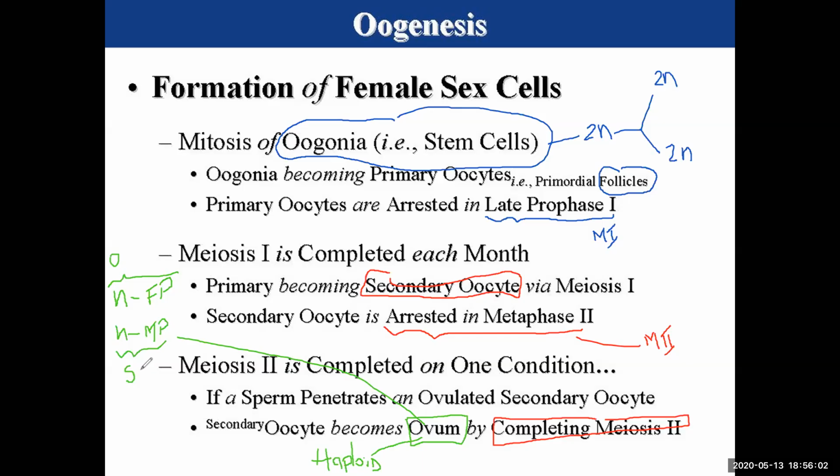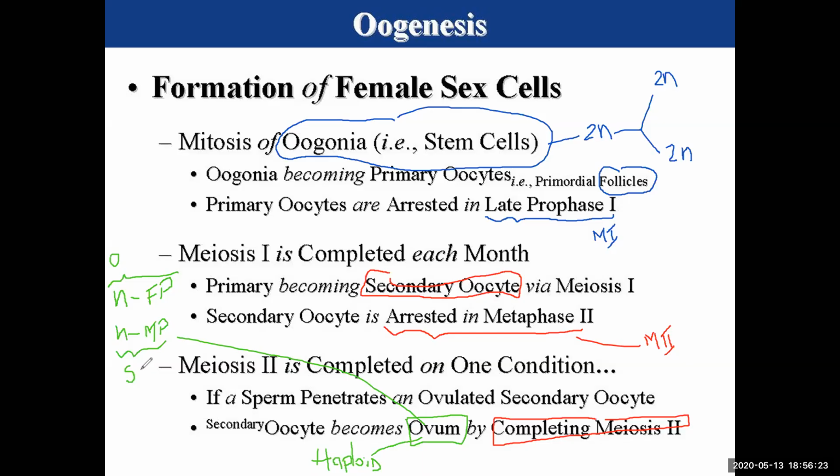So the two nuclei have not fused into one yet. Once the two nuclei in an ovum fuse into one single nucleus, that ovum becomes what is called a zygote.